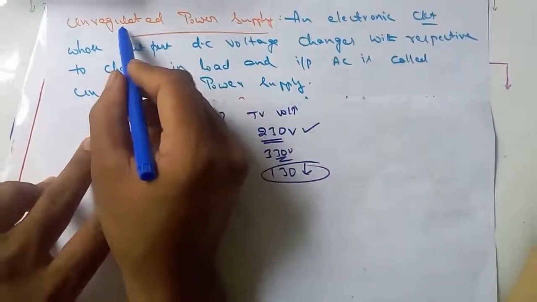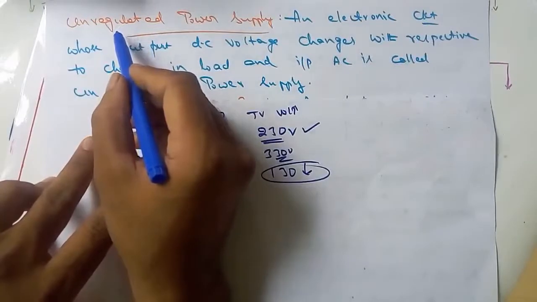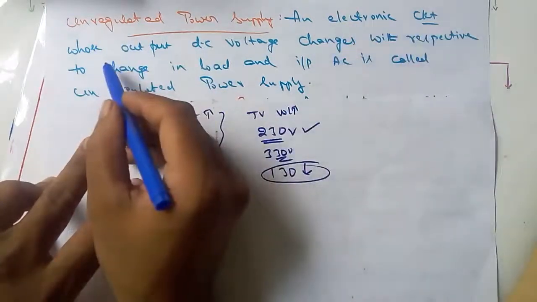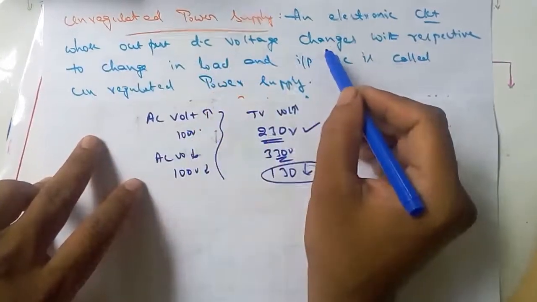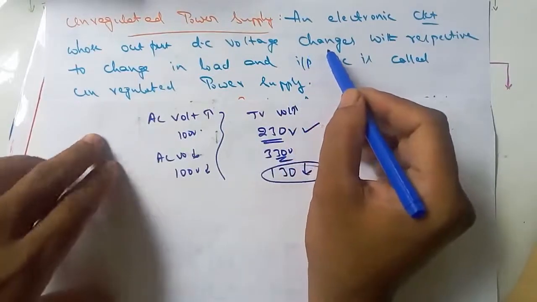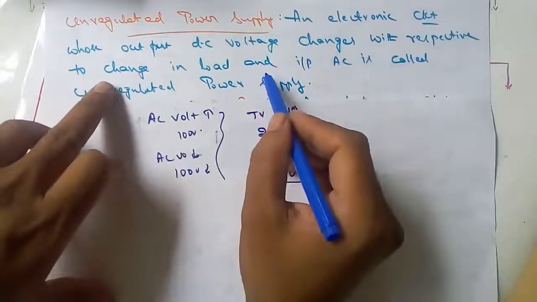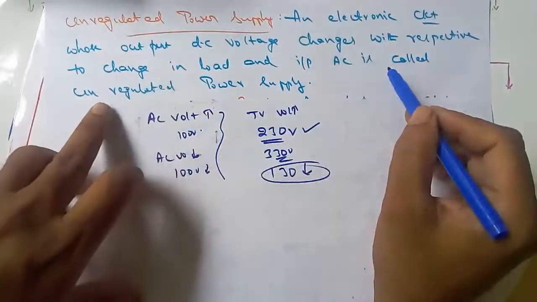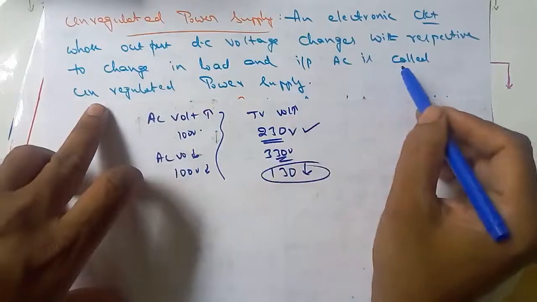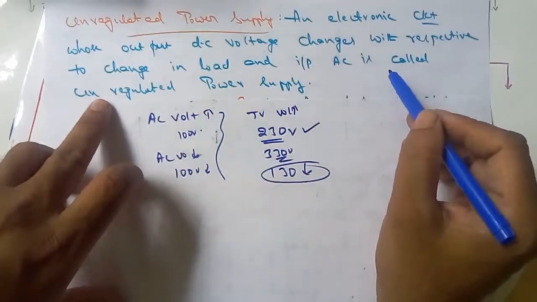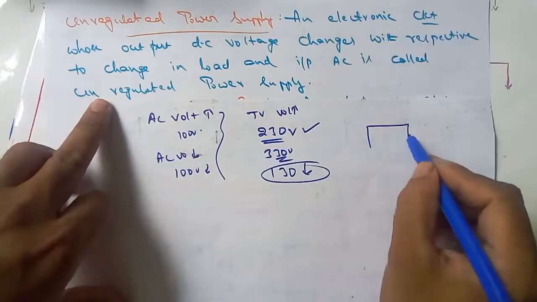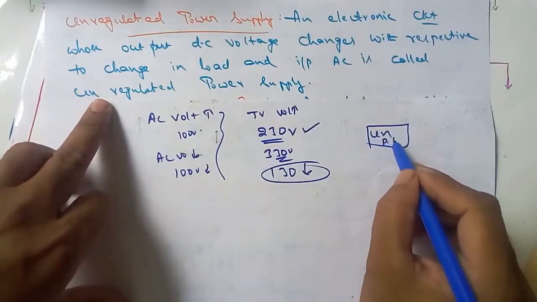There is no regulation; whatever the input is, that is sent to the load. So an electronic circuit whose output DC voltage changes with respect to change in load, and along with that the input AC also changes, is the unregulated power supply.